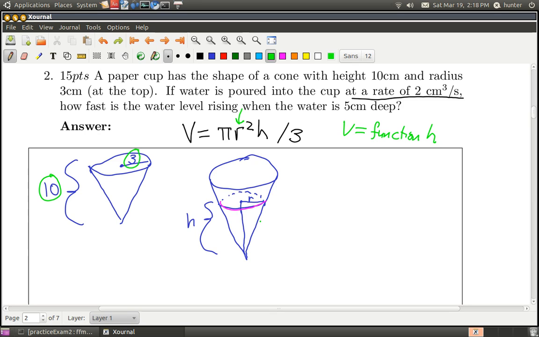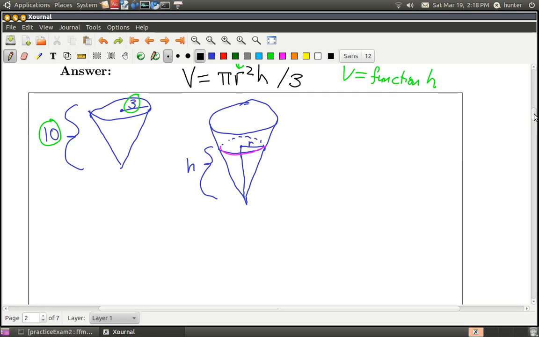So the easiest way to do it is just to use similar triangles. So what I'm going to draw now is a cross section of this picture. Oh man, I'm going to turn on this thing that makes my hand more steady. So we have one side of a triangle, another side of a triangle, and the hypotenuse of the triangle.